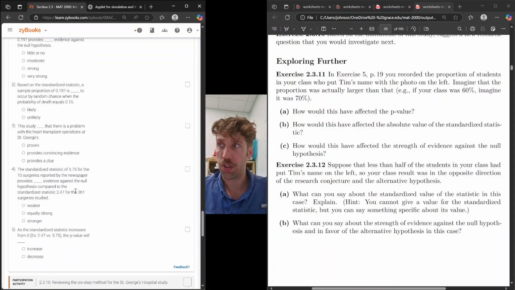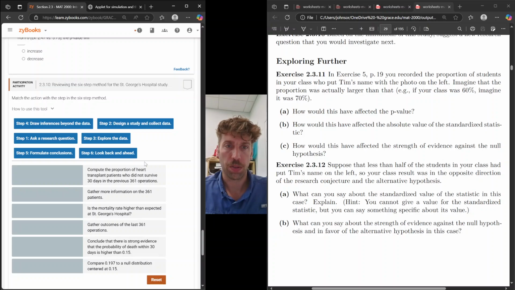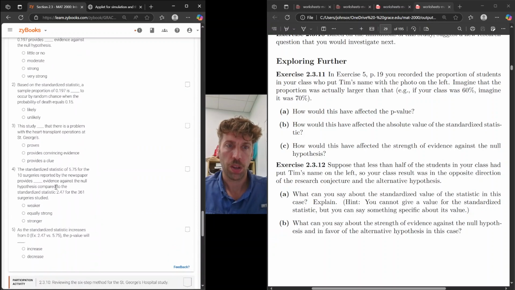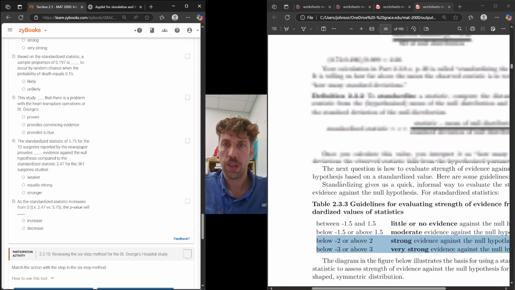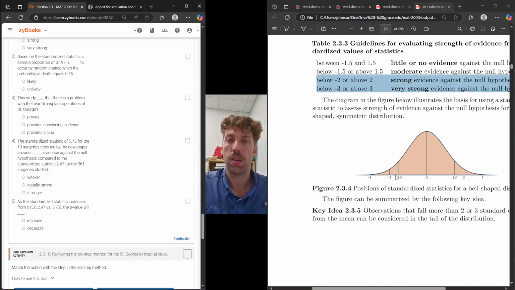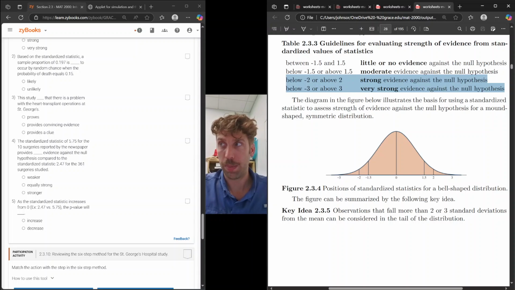Before this matchup of the 6 steps, these two right here, 4 and 5, correspond to these questions. If you're not quite sure about these, go back to the reading and look at those questions, because it's trying to get at how the standardized statistic relates to the p-value.